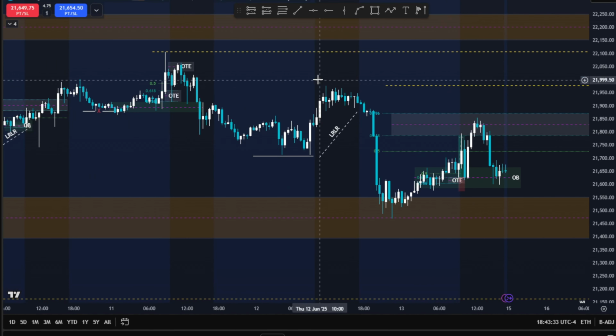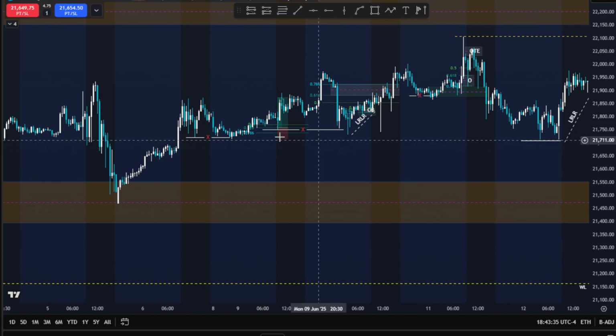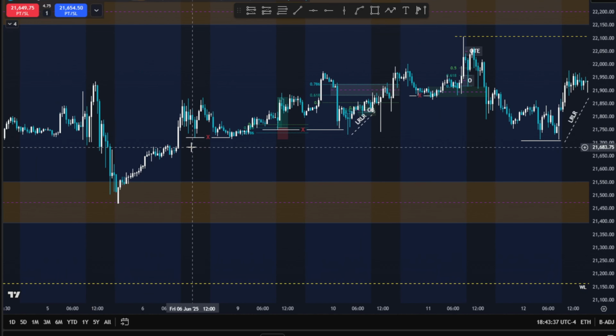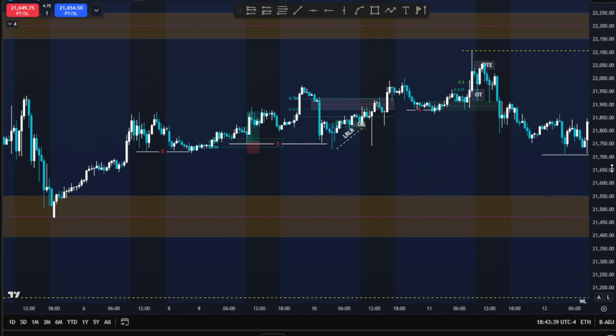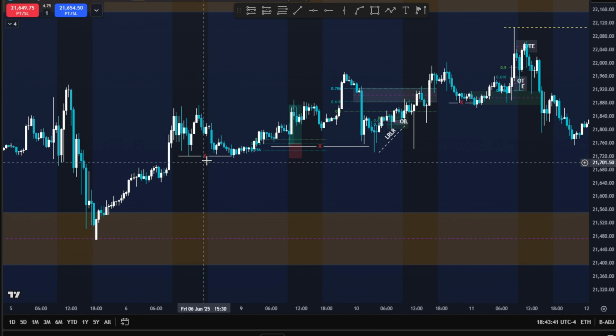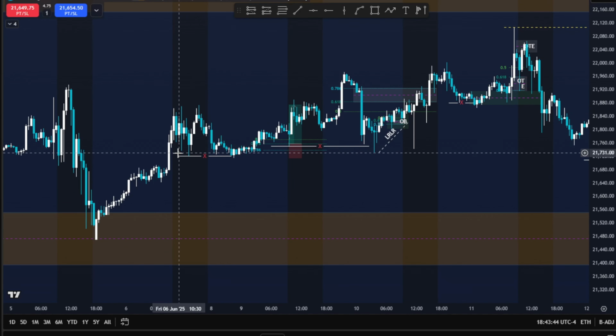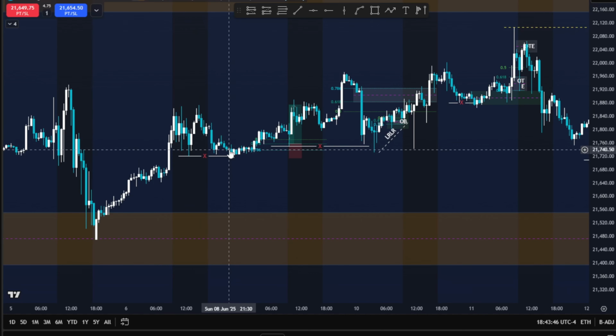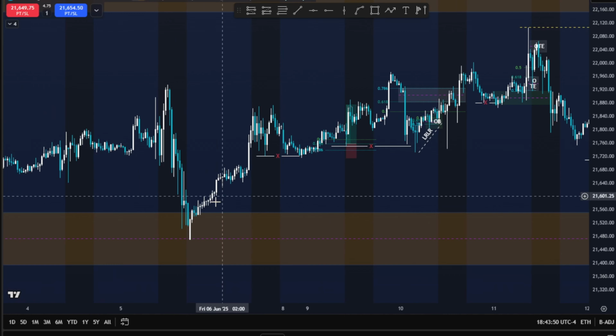The only time I aim for the significant high is, for example, on Monday. On Monday, you can see this is the significant high, and this is the protective low. The only place it's going to go is the significant high because it already rebalanced.